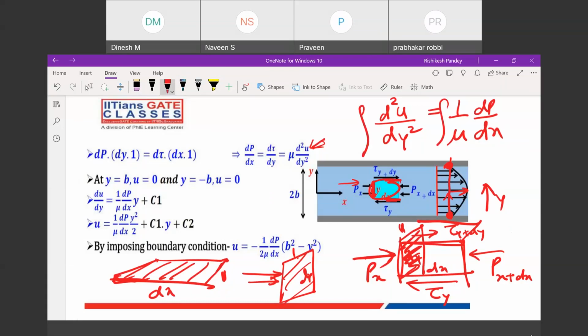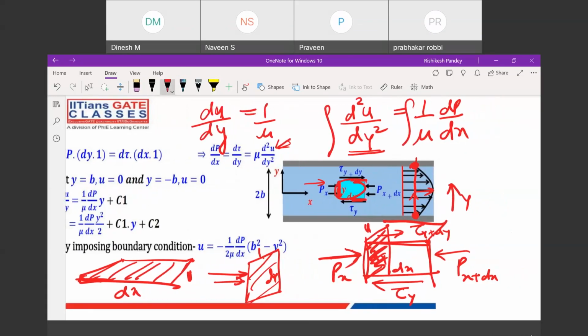So if we integrate one time, after first integration we'll get du by dy, and this is equals to 1 by mu. And now here, whatever we have assumed, that the differential of pressure in x direction is constant.